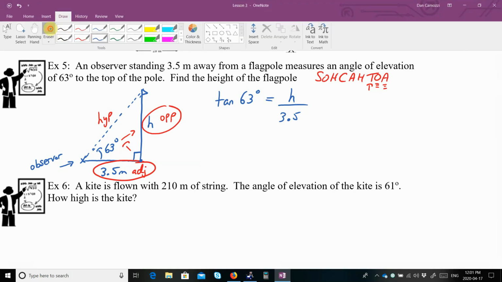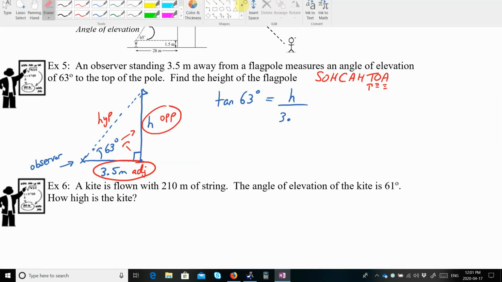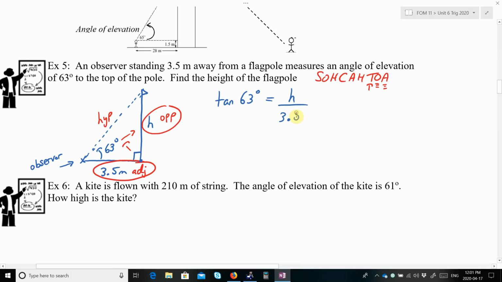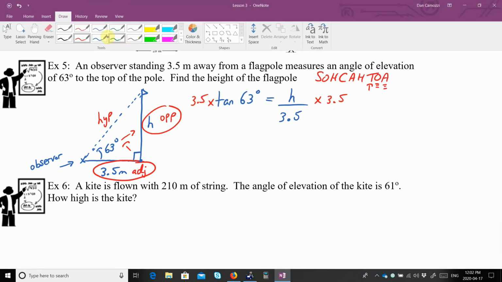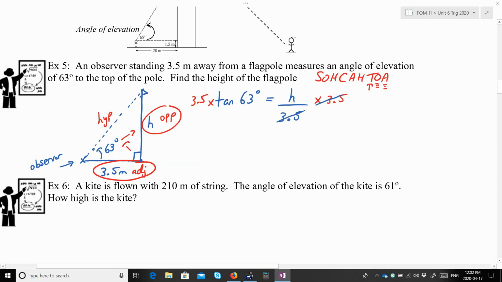and solve this simple equation for h. Okay, h is being divided by 3.5, so I am simply going to multiply both sides by 3.5. Cancels on this side. h is equal to 3.5 times tan of 63 degrees.